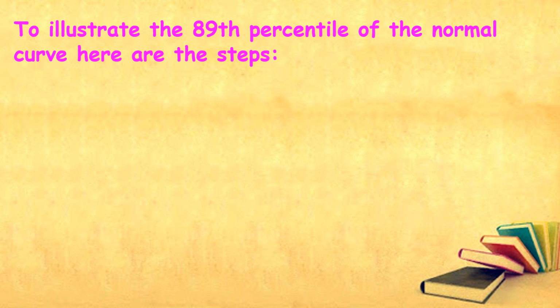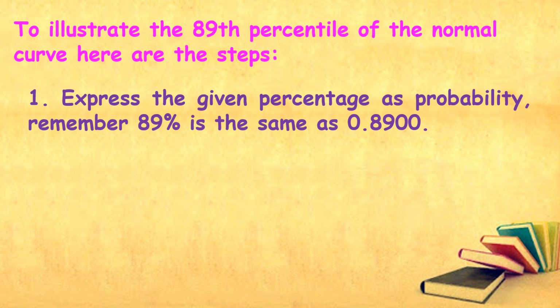So, to illustrate the 89th percentile of the normal curve, here are the steps. Step 1, express the given percentage as probability. Remember, 89% is the same as 0.8900 pag kinonvert natin sa decimal.